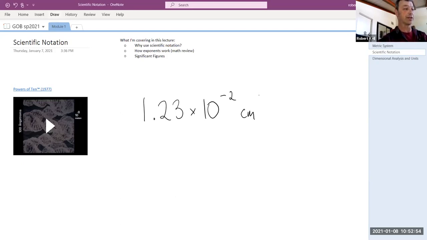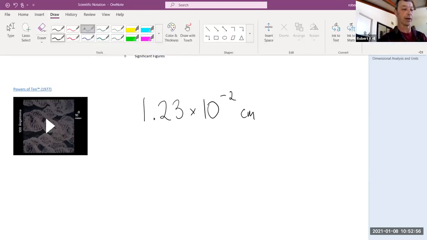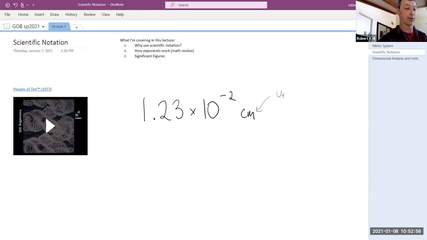So the important features you see in all writing are you have to have a unit, and you have to have the number, a decimal place, and then maybe or maybe not more numbers, times 10 to a power. You can never have an orphan number. It's really important. If you ever write any kind of science paper or do any kind of note taking, you need to have that unit in there.